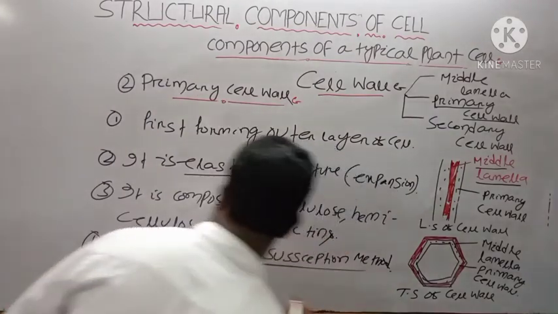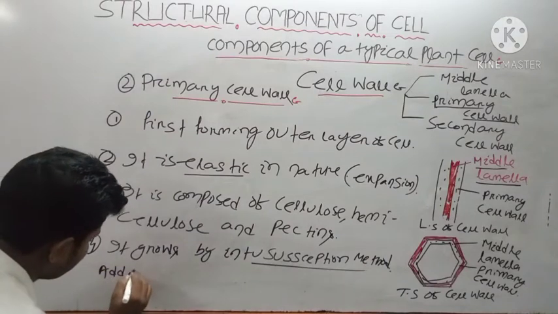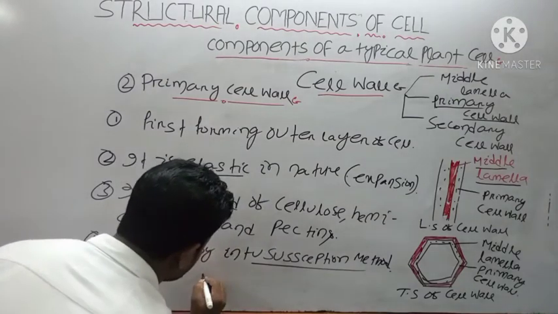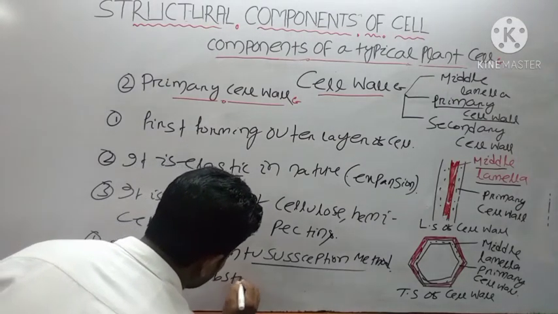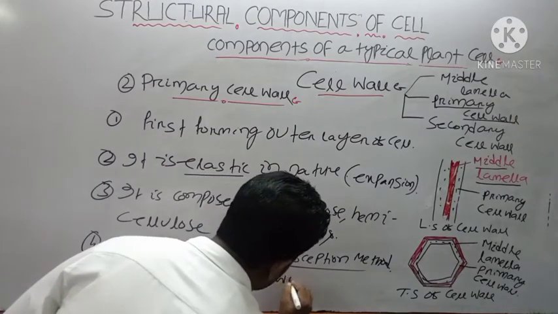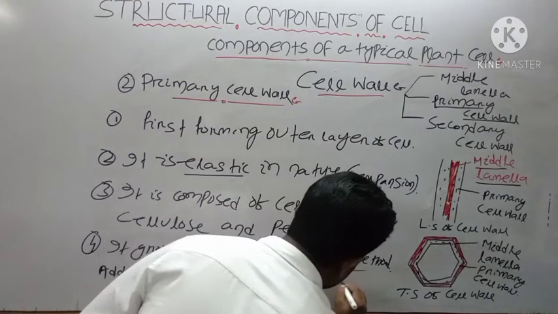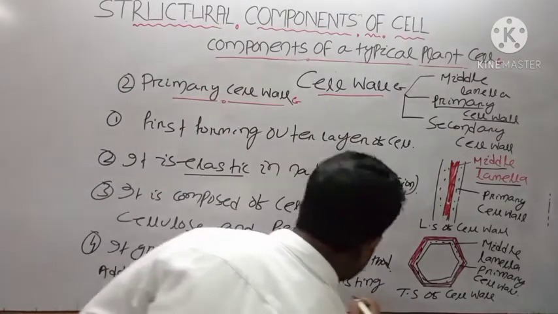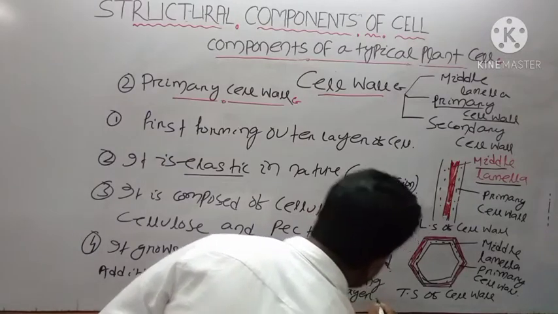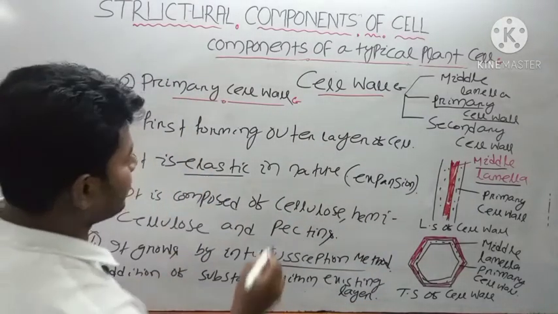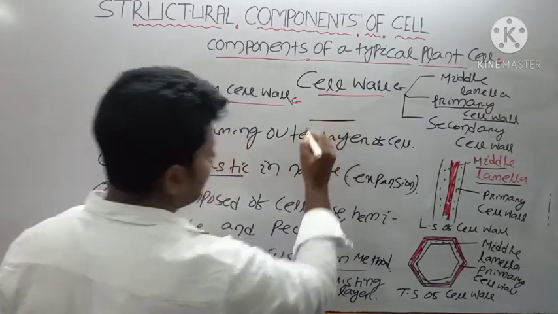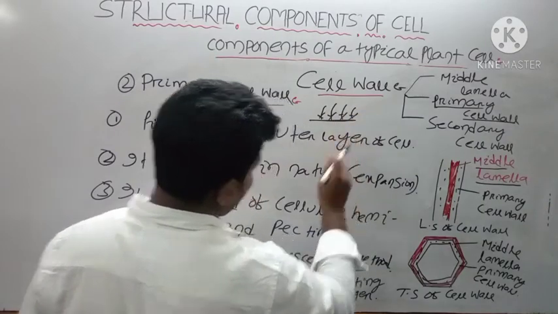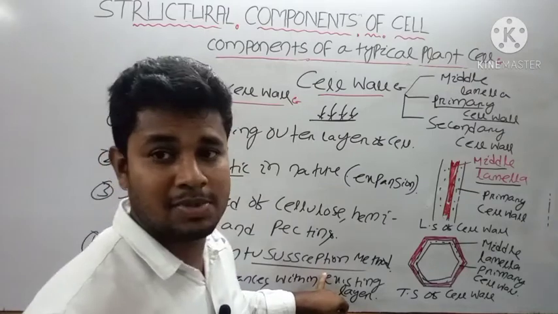That is addition of substances within the existing layer. That is, if a layer of primary cell wall is present, then new substances will be added to that surface. Okay, that's why it is known as the intussusception method.